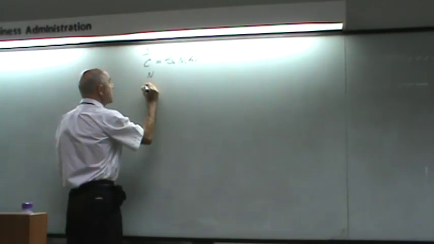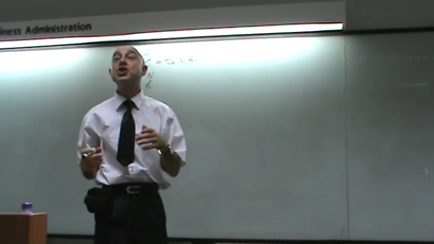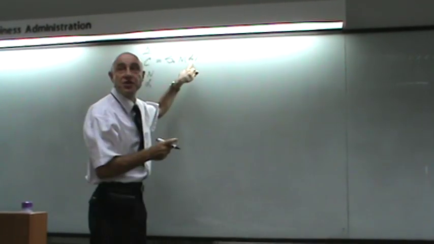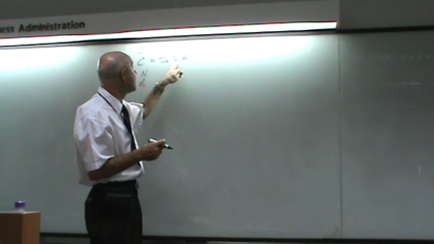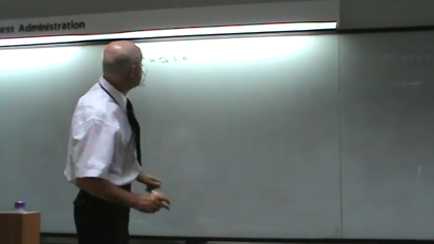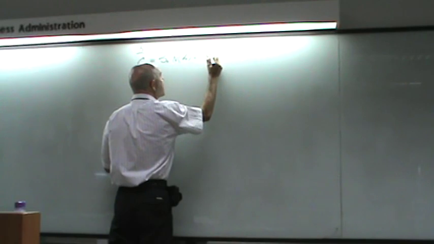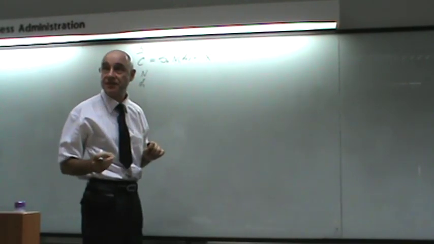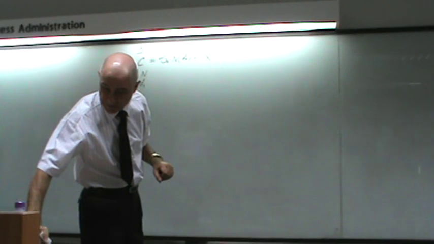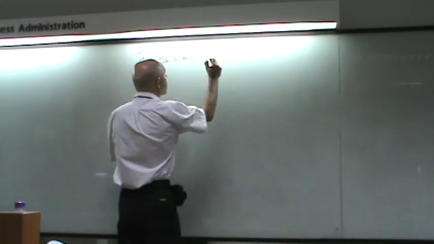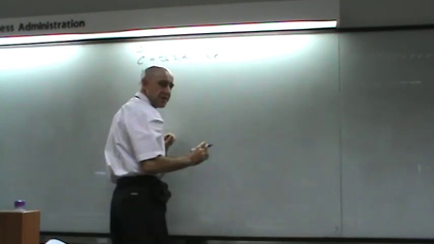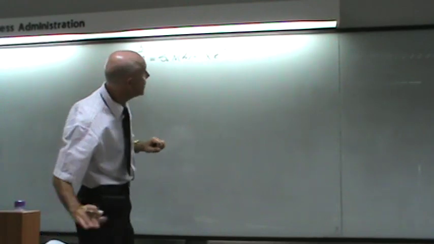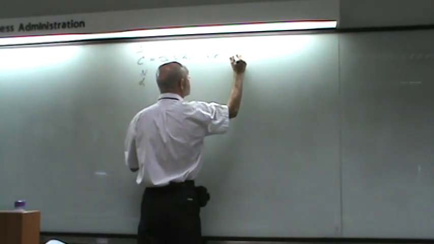D1 is a short notation, and N is the cumulative normal distribution of D1, minus X, the exercise price, times e to the minus RcT. Is it a big or a small t? Big T. Times N of D2.